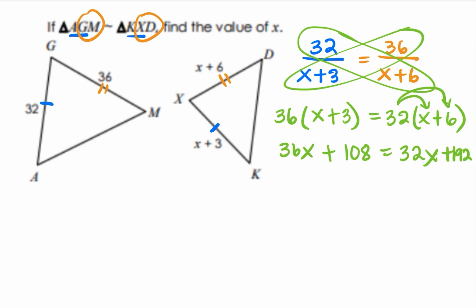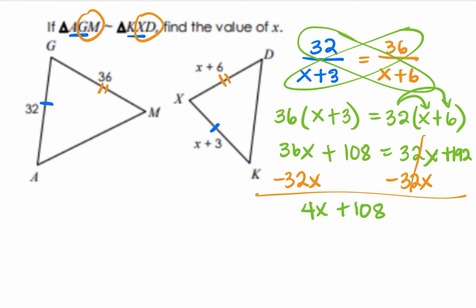We're going to solve for x, so I would like to move the x terms over to the left-hand side of the equation. I'm going to subtract 32x on both sides. This leaves me with 4x plus 108 equals 192.